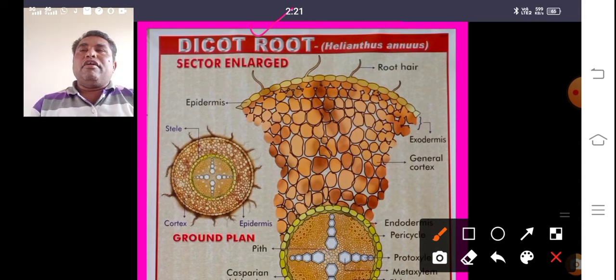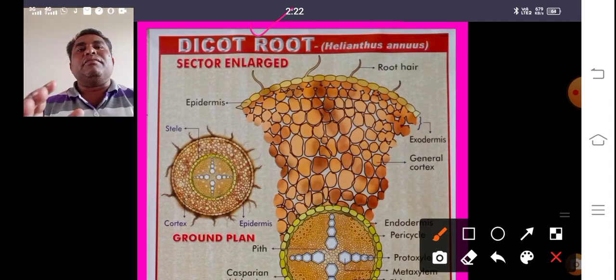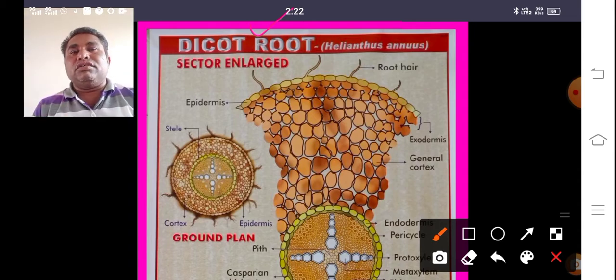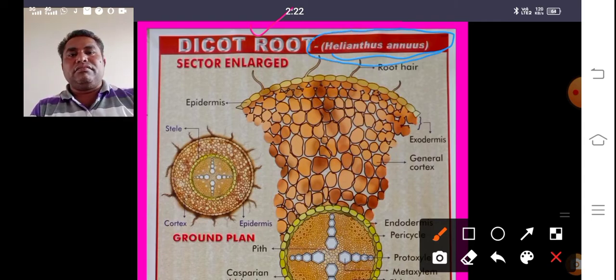Dicot plants, for example groundnut and the pulses family, mostly red gram and green gram, come under dicot plants. For the dicot root example here they mentioned a plant, Helianthus annuus.